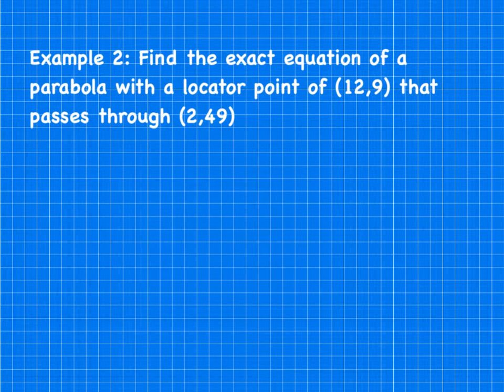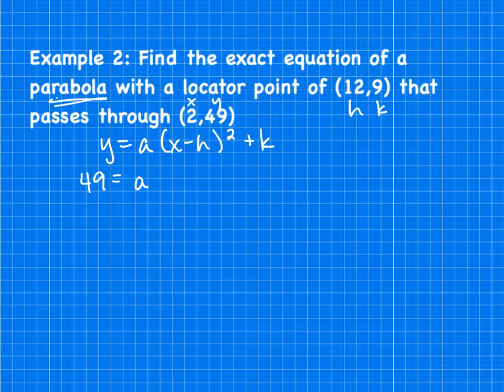So to do one more example of this, the exact equation of a parabola, so that is y equals a times x minus h squared plus k. Locator point 12, 9 is our h, k. Passing through point is 2, 49, so 49 for y, a, and 2 for x, minus 12 for h, squared, plus 9 for k.